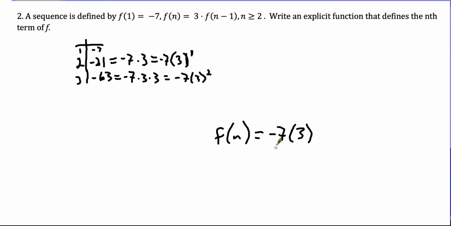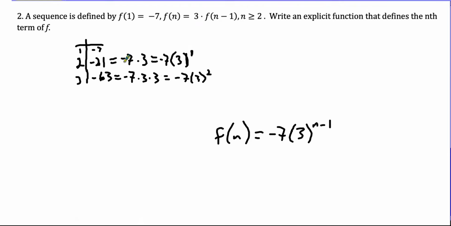I'm always going to have my starting term times my growth factor and then raised to a power. Now, in this case, since I started with the first term, this power is always going to be 1 less than whatever term I'm on. So I can write that as the n minus 1 power, okay?